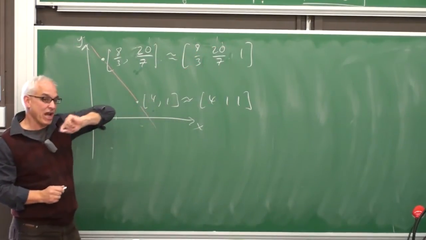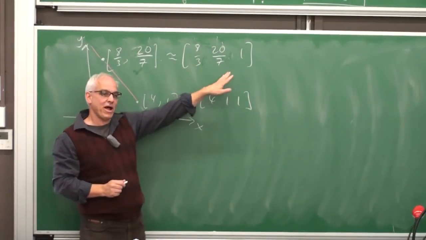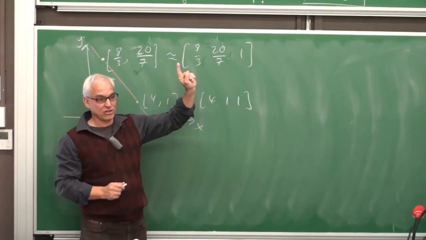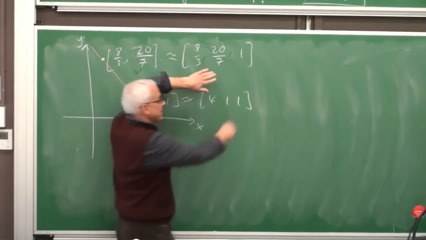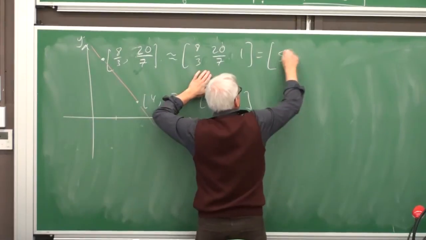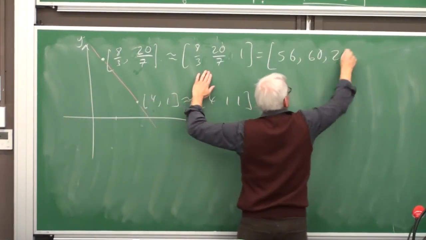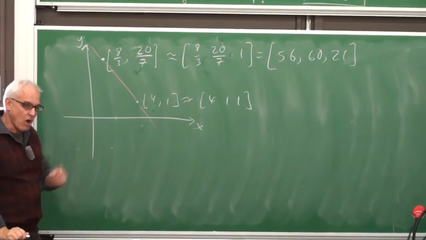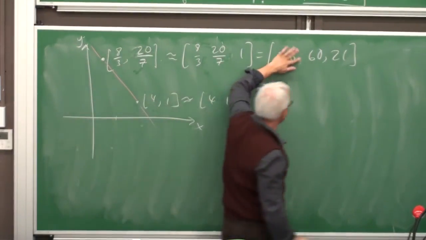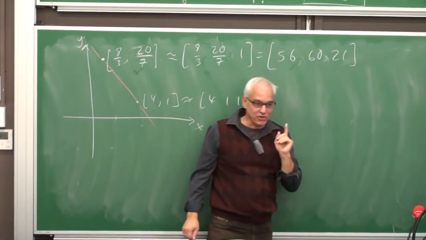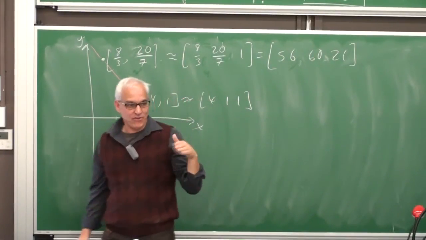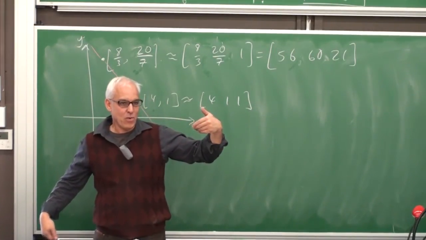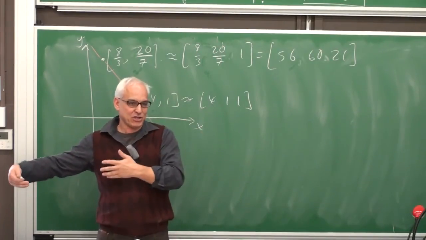But because I'm working projectively, I can multiply this by any scalar and it stays the same. In particular, I can clear fractions. I can multiply by 27 and say this is the same as 72, 24, 27. So already we see a major advantage: we can clear fractions because we have this extra coordinate that can absorb denominators. So we can do integer arithmetic instead of fractional arithmetic.